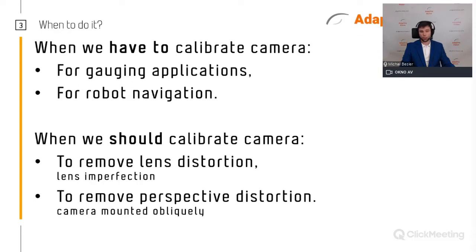Another requirement is related to perspective distortion. Let's imagine that our camera is mounted obliquely to the world plane, to the image plane. At that point, we would like to, theoretically or mathematically, transfer the camera so that the image sensor will be parallel to our image plane.